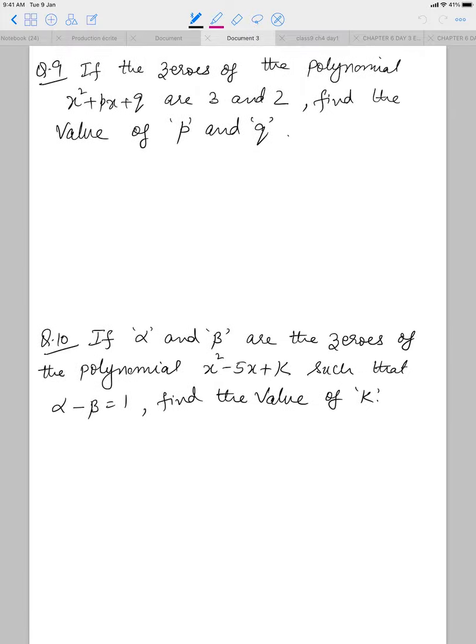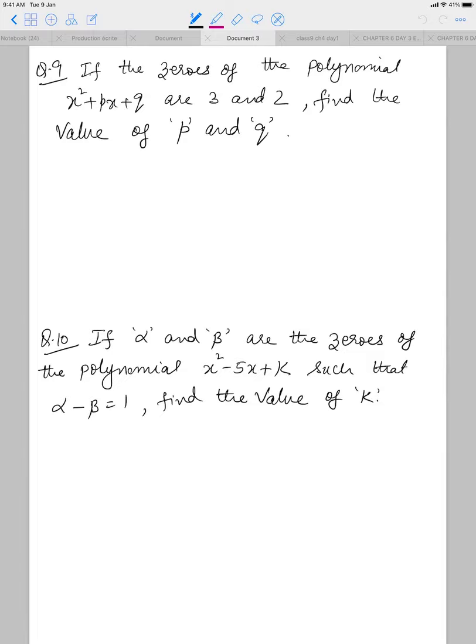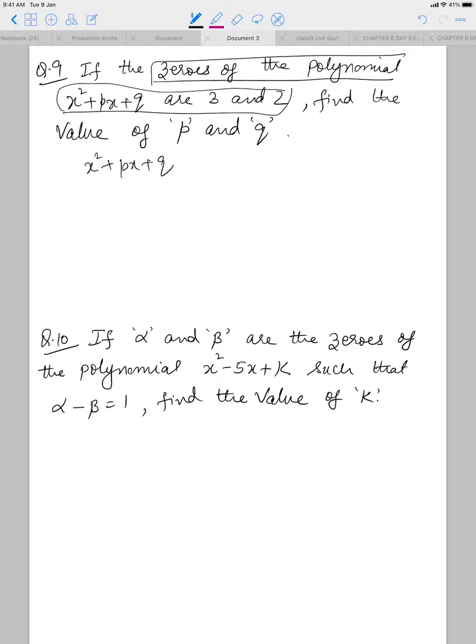Right? Similarly, question number 9th. If the zeros of the polynomial x square plus px plus q are 3 and 2, find the values of p and q. So again, zeros of this polynomial are 3 and 2. For these type of statements, what do we use? We simply say that sum of the zeros, this is the polynomial, so here a will be 1, b will be p, and c would be q.